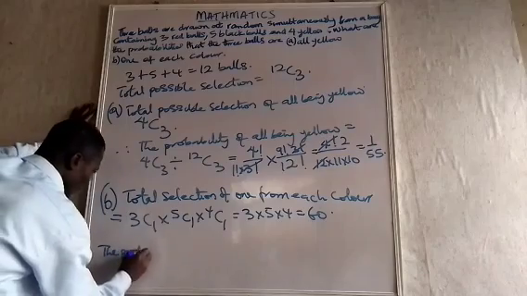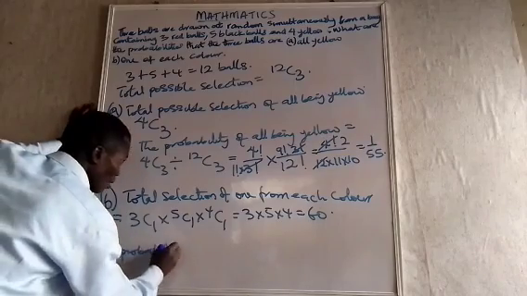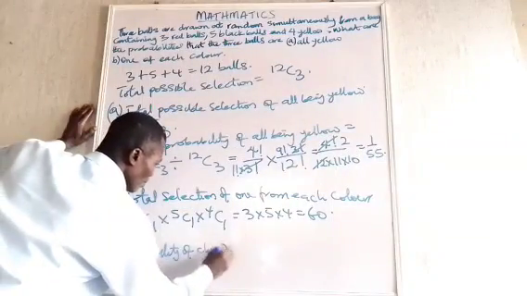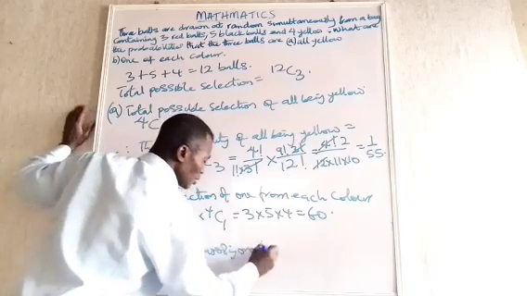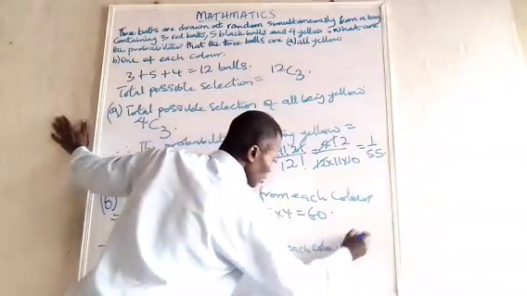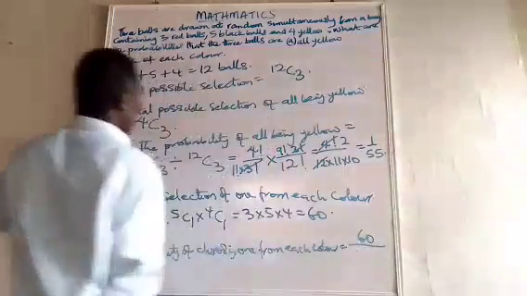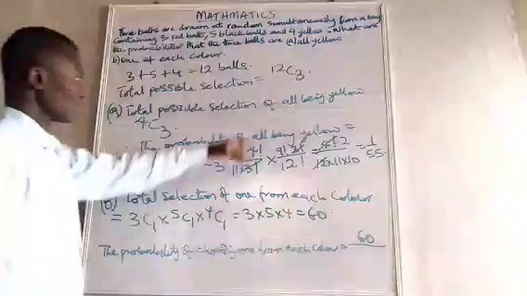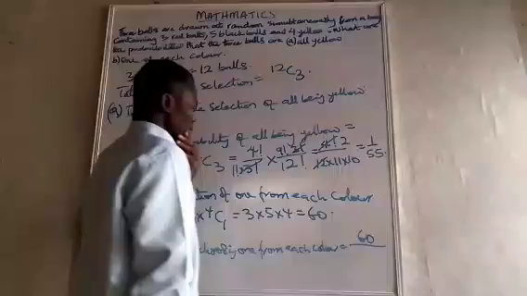And then the total probability. The probability of choosing one from each color is equal to 60 divided by 12 selecting 3.